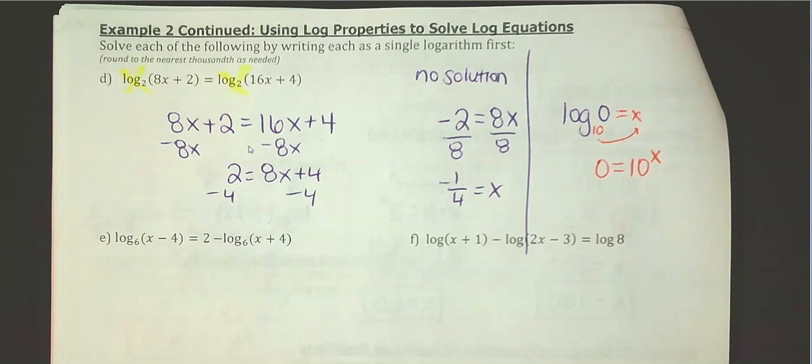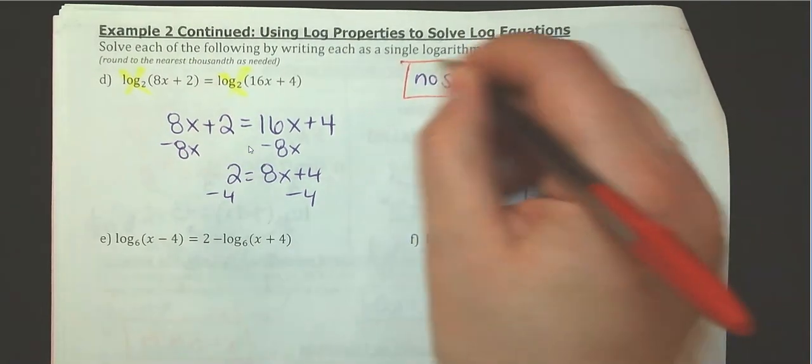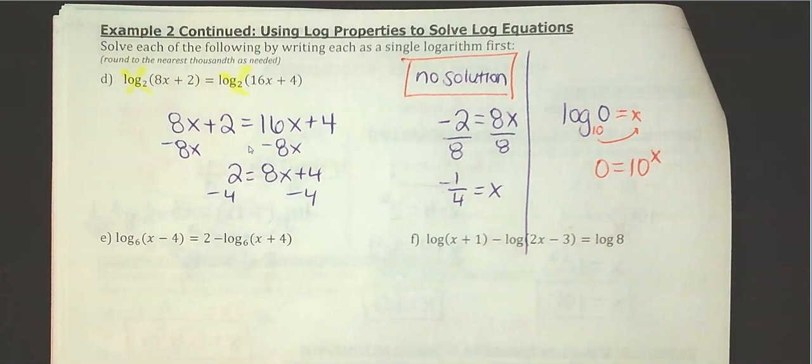That would be like an asymptote on our graph. If we were looking at that, it doesn't ever actually equal 0, so this actually would be no solution for this question. If we got anything that was positive or some other number, as long as what we had in the parentheses didn't equal 0 or a negative, we would be fine, but this is just kind of a nitpicky question.